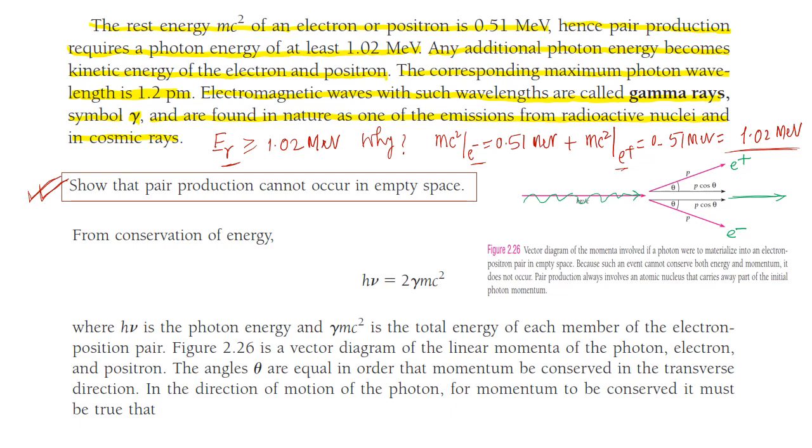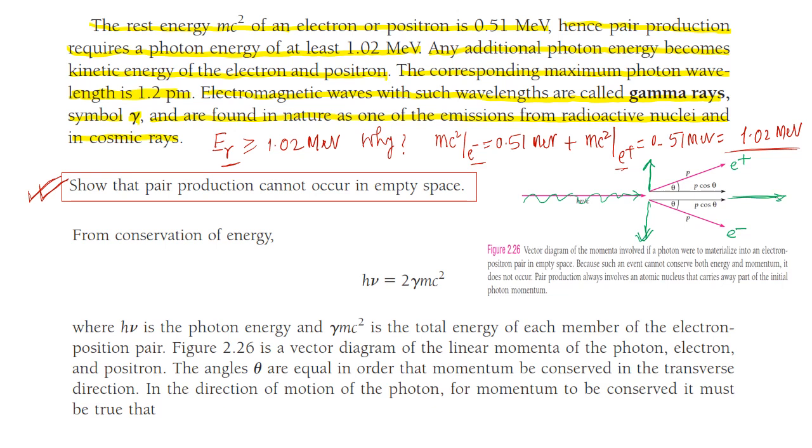If I draw the components of the momentum, where p is the momentum of each particle, the momentum along one transverse direction and along the other will cancel each other, so the only thing we get is along the direction of the photon.